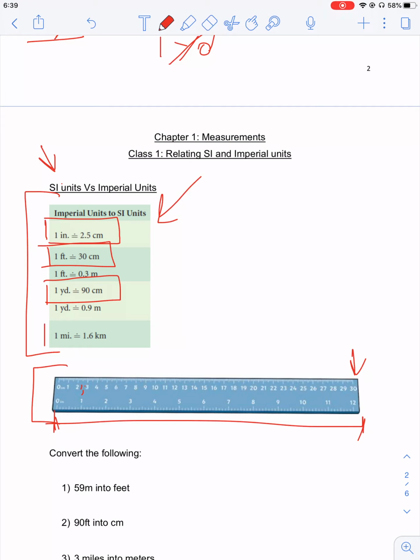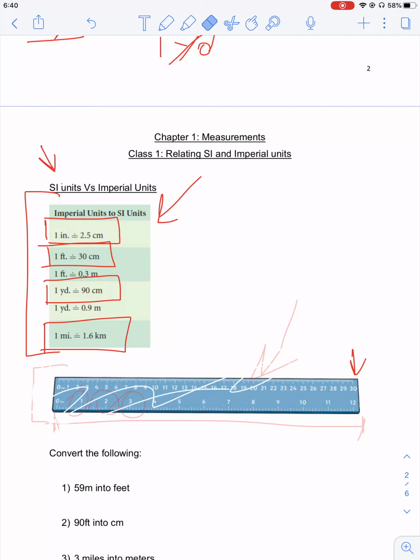You just need to know these famous ratios, okay? But I think they kind of make sense if you think about this ruler, okay? So if you were curious when you were young and you wanted to make sense of what these numbers at the bottom kind of represented, this is what it means, okay? This table kind of like summarizes all that, okay? So let's just clean this up a little bit, okay?